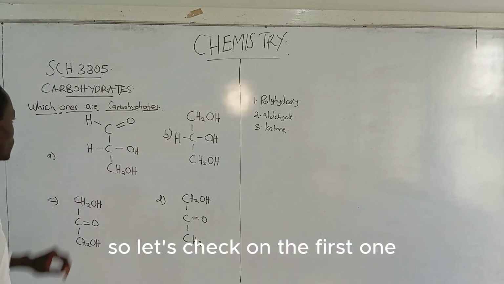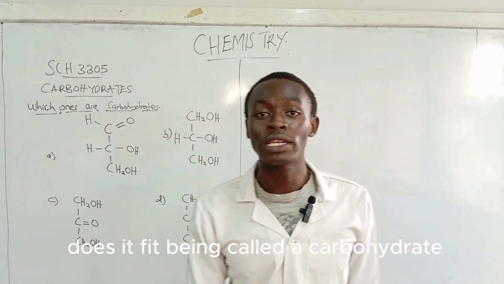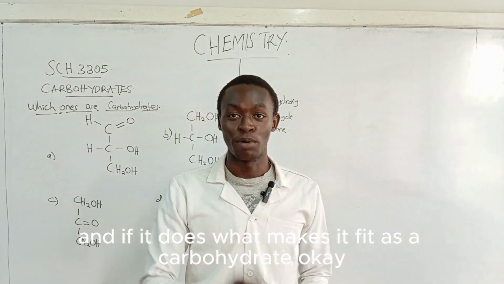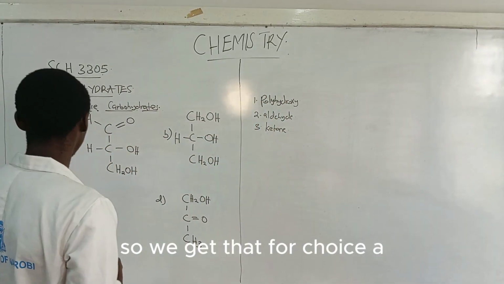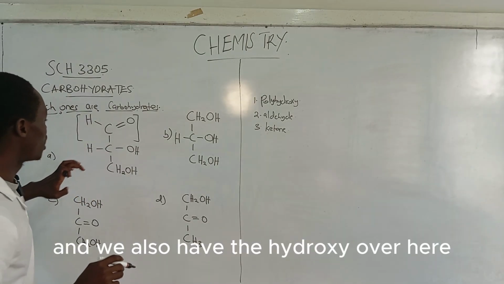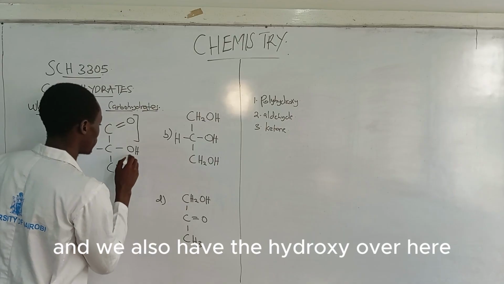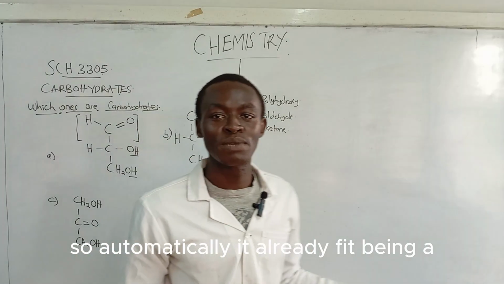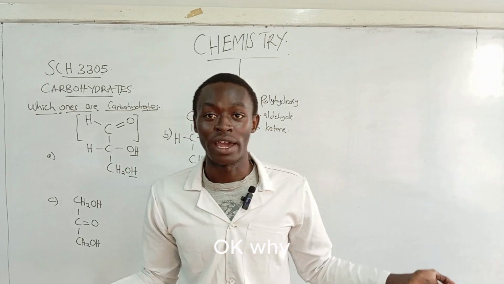So let's check on the first one. Does it fit being called a carbohydrate? And if it does, what makes it fit? For choice A, we have the aldehyde functional group, and we also have the hydroxy over here, and hydroxy over here. So automatically, it already fits being a carbohydrate. Why?